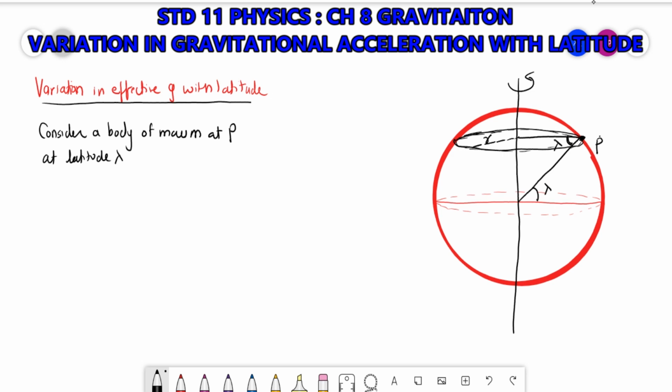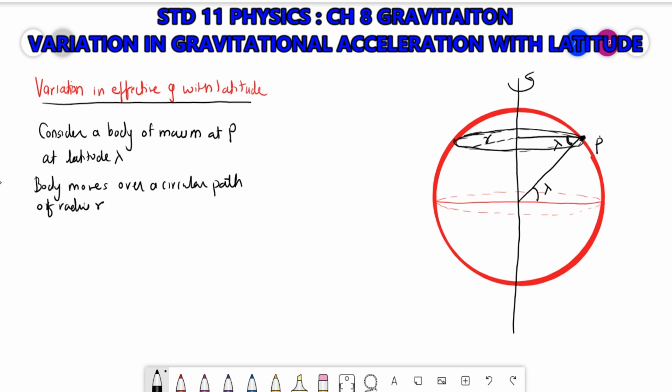Now see, the body at the point P, that is of mass m, moves over a circular path of radius r.